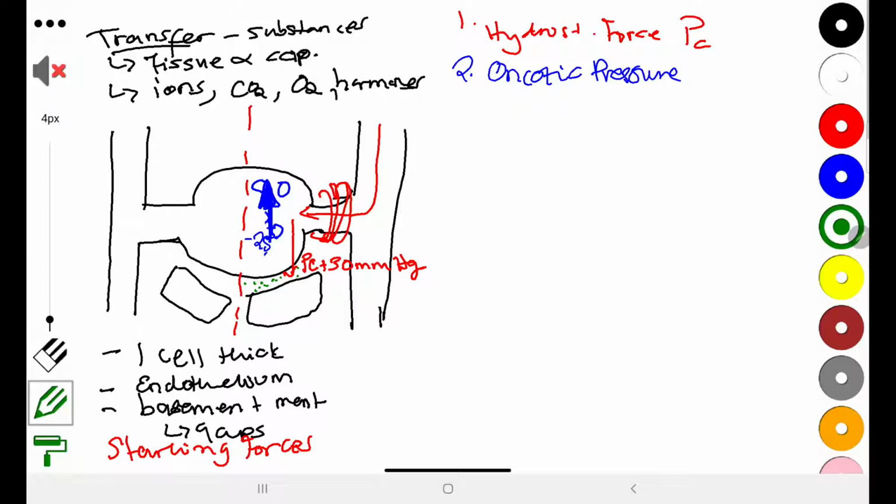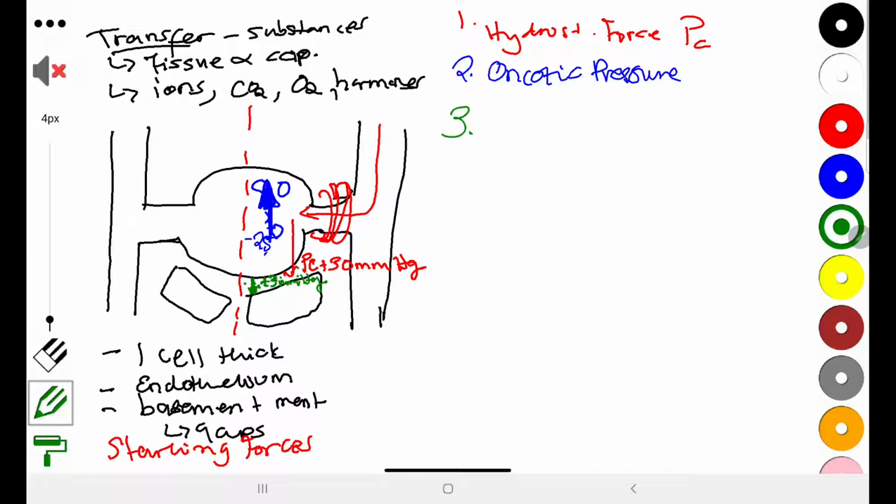So this osmotic pull is pulling water from the capillaries to where they are, and it's about 3, and because it's pulling water out, we'll take it as positive 3 millimeters of mercury.